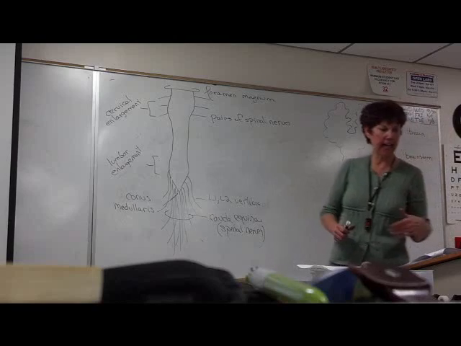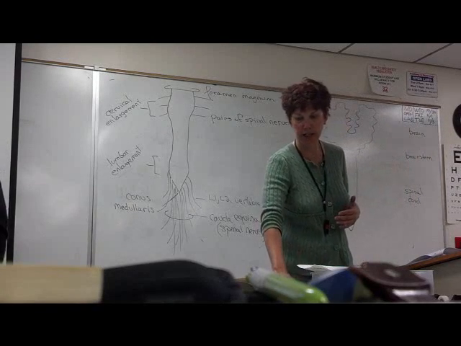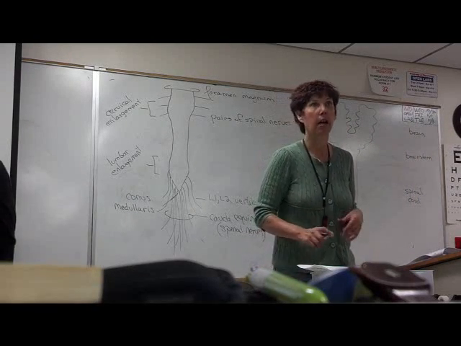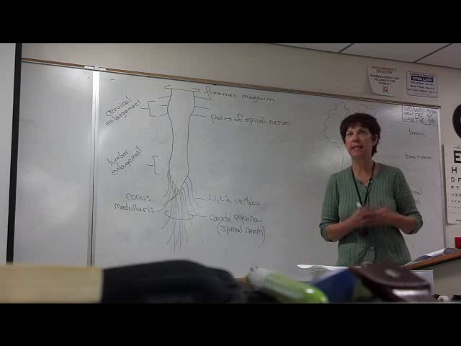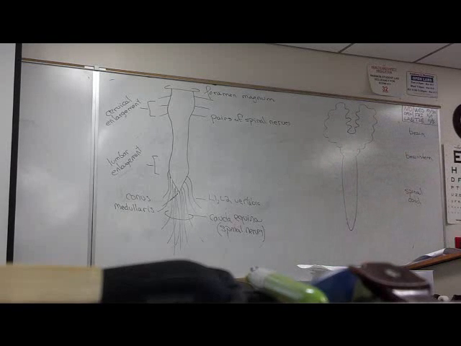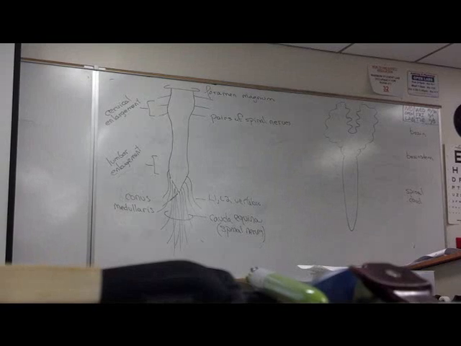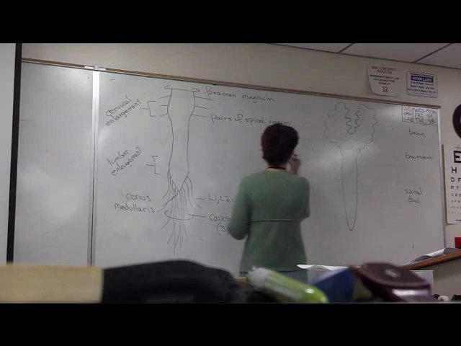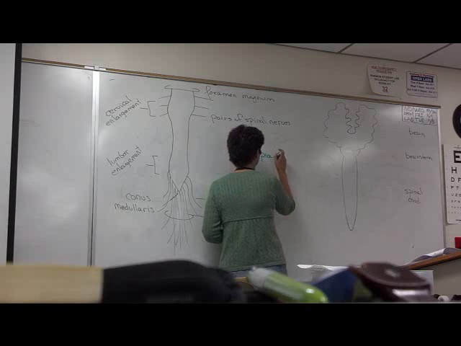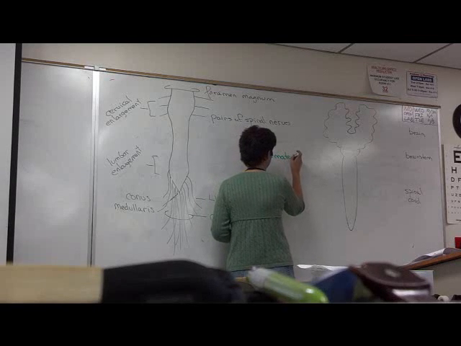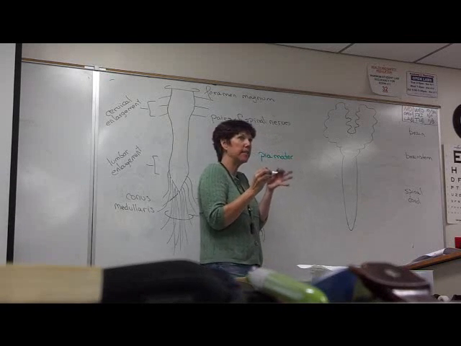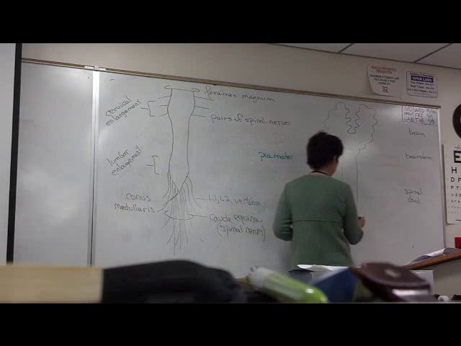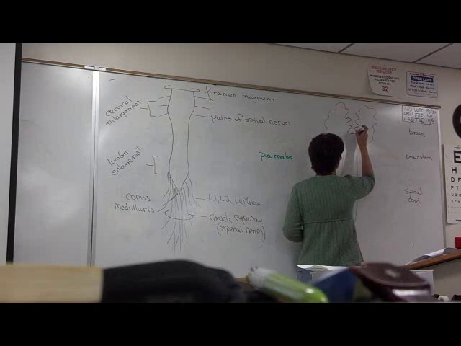So you'll notice that each of the layers of the meninges is called a mater, and mater means mother. So the closest, the deepest layer, the one directly in contact with the spinal cord, is known as the pia mater. So this is going to cover intimately the surfaces of the brain.